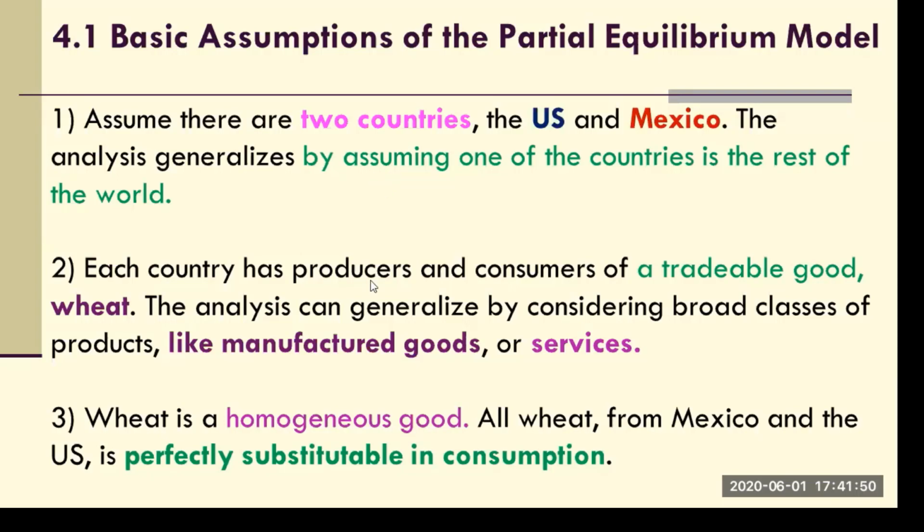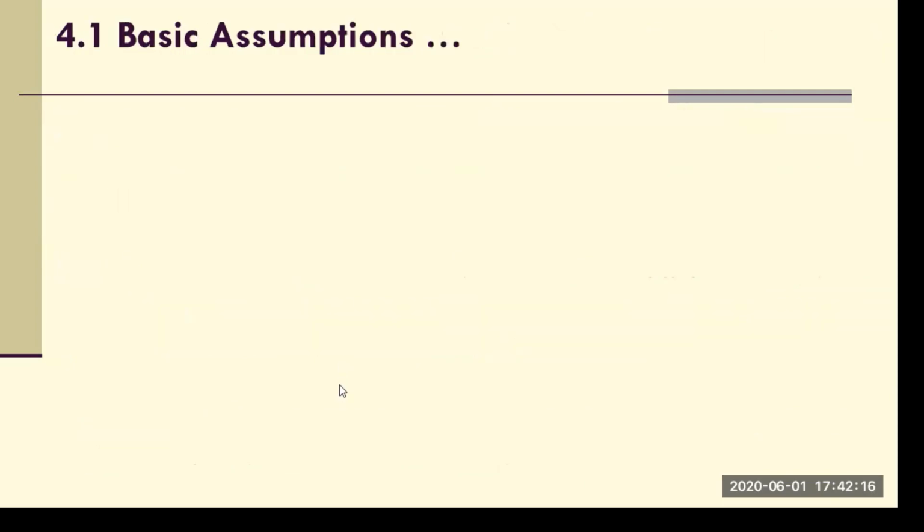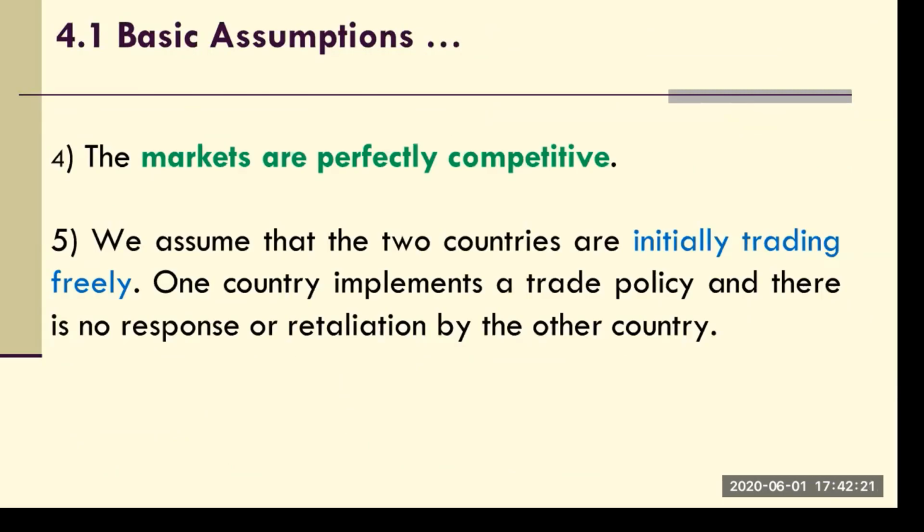This assumption includes manufactured goods as well as services. Wheat is homogeneous for Mexico as well as for the US, so we can treat it as a perfect substitute. The wheat in Mexico can perfectly substitute the wheat in the US market. The other point is that markets are perfectly competitive.